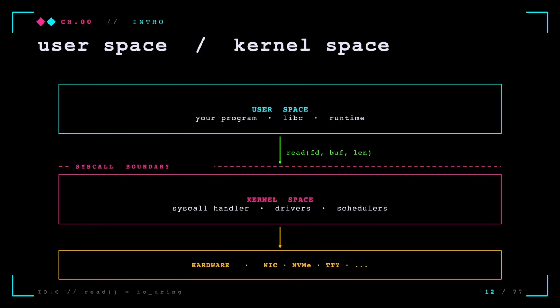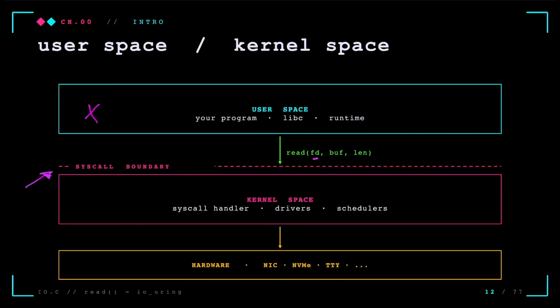And this is where we have to talk about the system call boundary. Your program is running in user space at first. This is where you have your program, your libc, built-in libraries, runtime, and then you're performing a read. Let's say you're reading from a network socket.